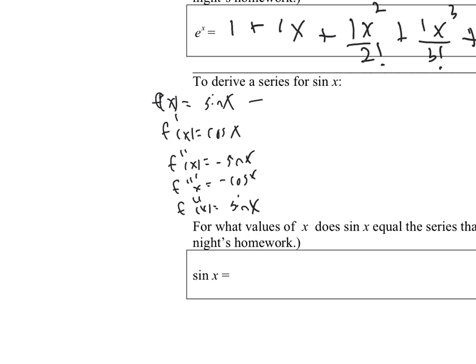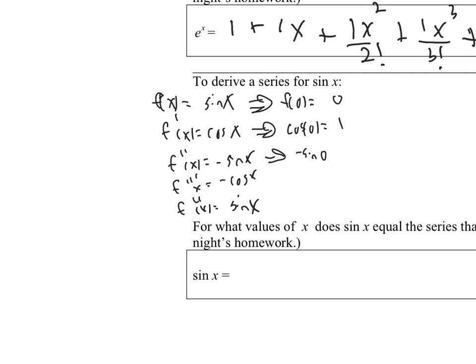So then my coefficients would be, again, f of 0, sine of 0, is 0. Coefficient. Cosine of 0 is 1.